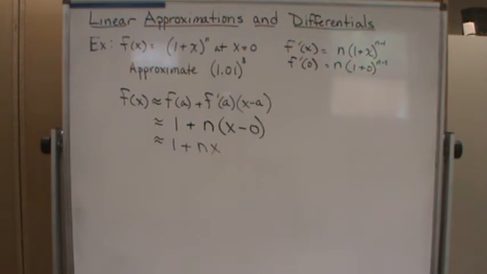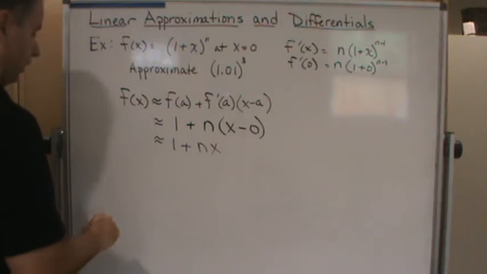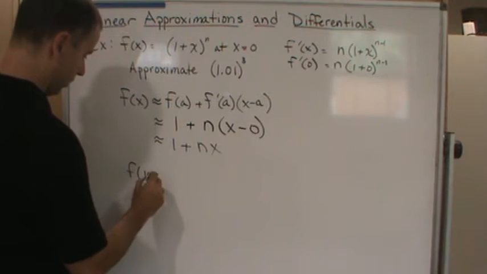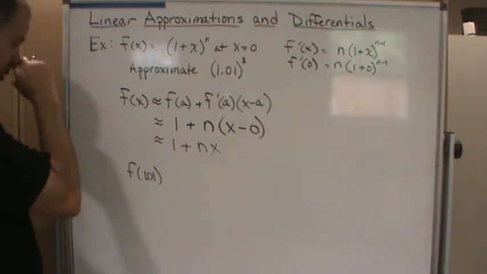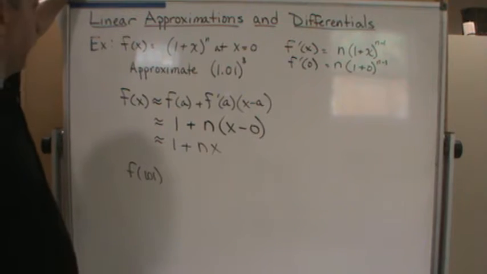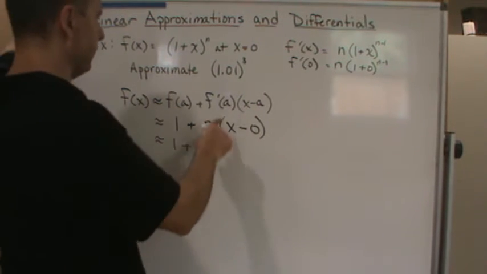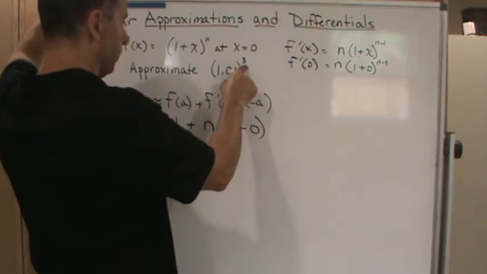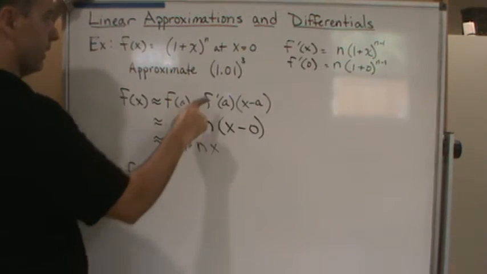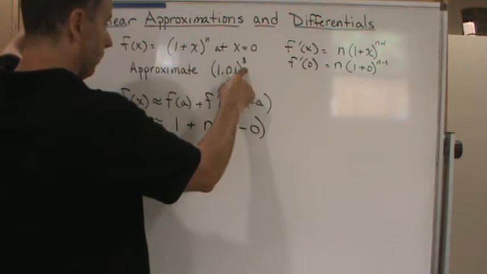All right. So now, let's use this to approximate 1.01. So f of 1.01, well, we want to approximate 1.01 cubed. So that means n is 3, right?